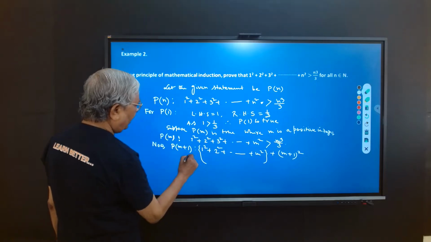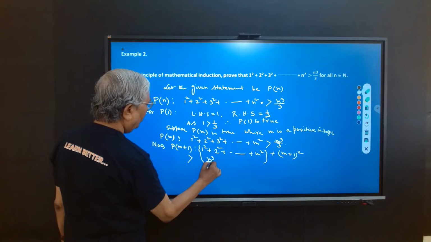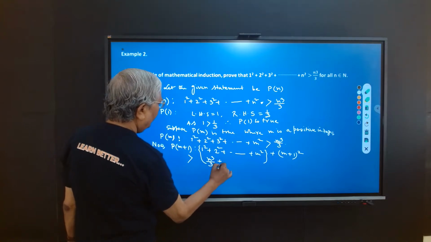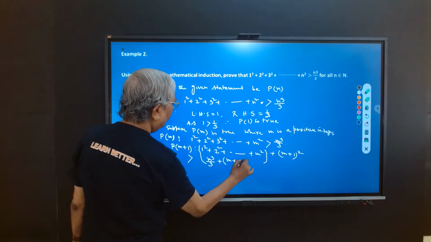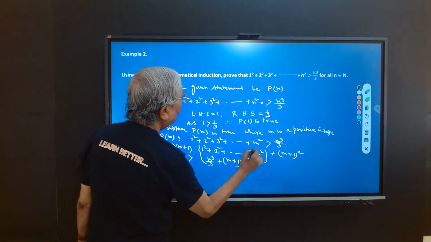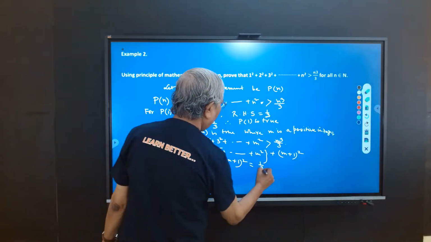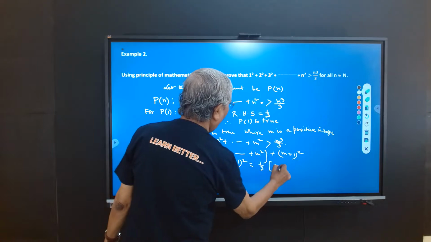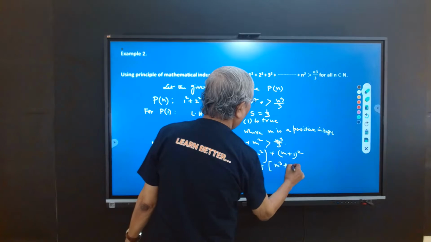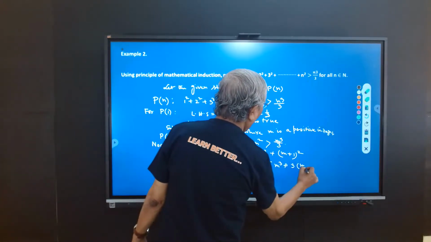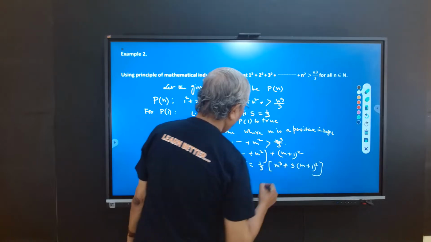So we can write this is greater than m cube by 3 plus m plus 1 whole square. So what do you get? Take common 1 by 3: m cube plus 3 into m plus 1 whole square.